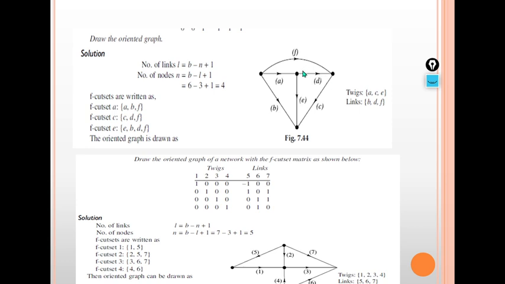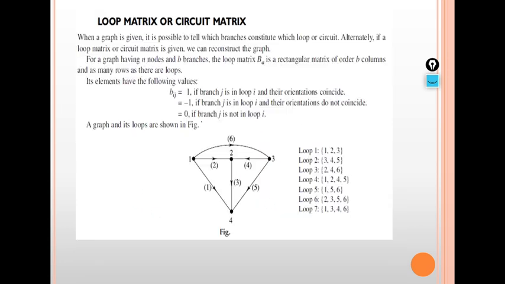The graph is given, this is not required, it is just given. So here the question is not properly given. Here you can see it says draw the oriented graph of a network with the tie-set matrix as shown below. As we haven't gone to the tie-set matrix, I'll discuss it later.